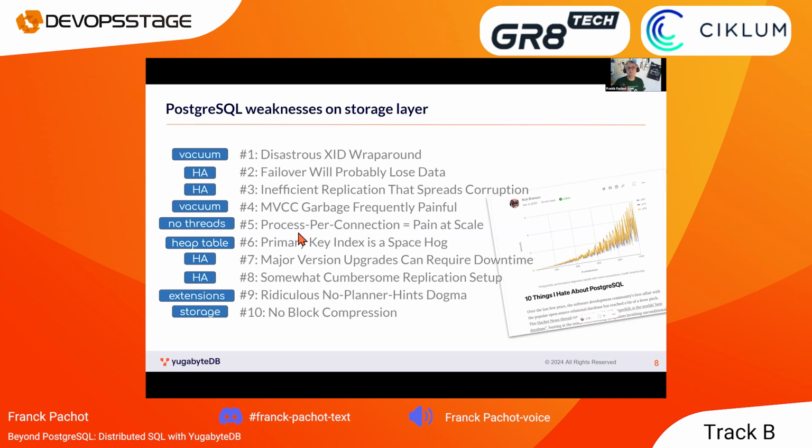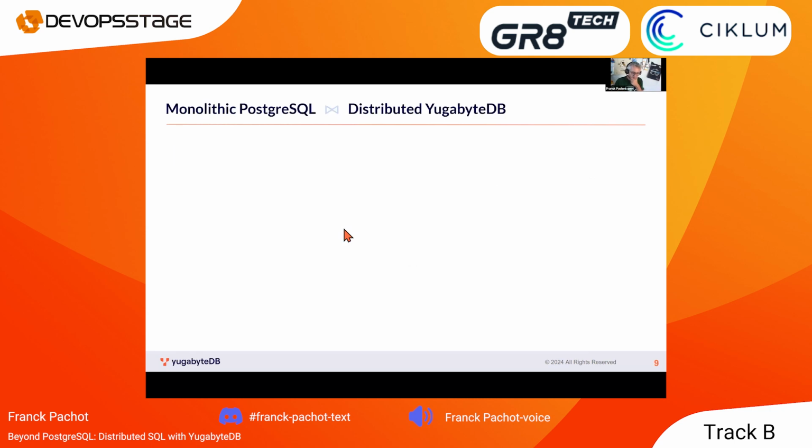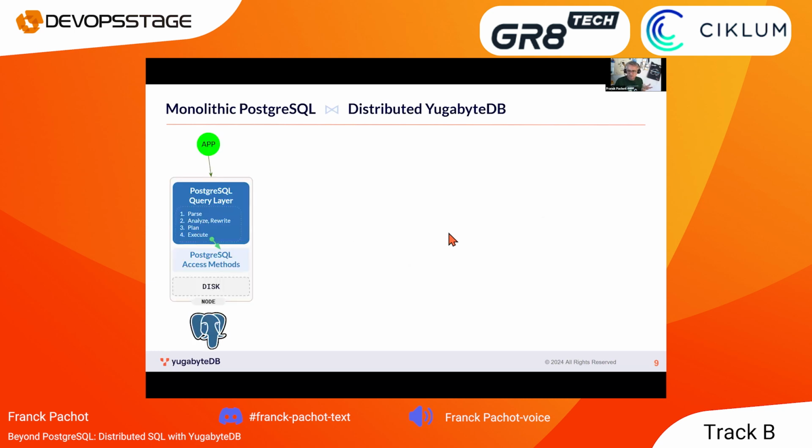And high availability: this one is easy. Once you have distributed your reads and writes, then you can also replicate them to multiple nodes. And the last one, the one that is not in the storage, the threaded connection, we have also changed that in the fork that is YugabyteDB.